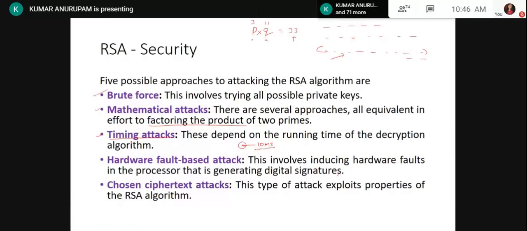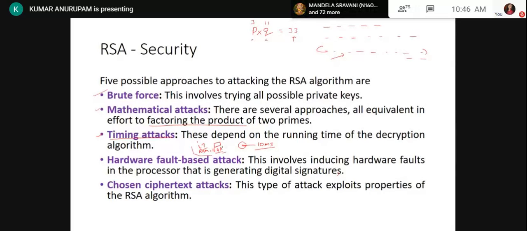Okay, let's say that one standard system is there having, let's say, i7 processor, and RAM is around, let's say, 8 or 16 GBs, something like that. Okay, so you can have some standard set of specification of a system.